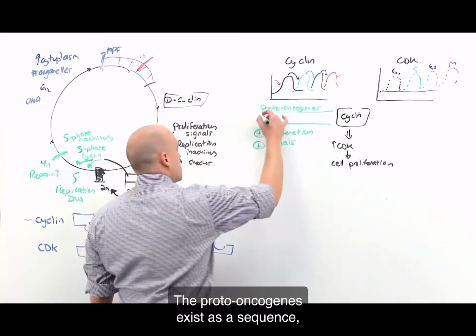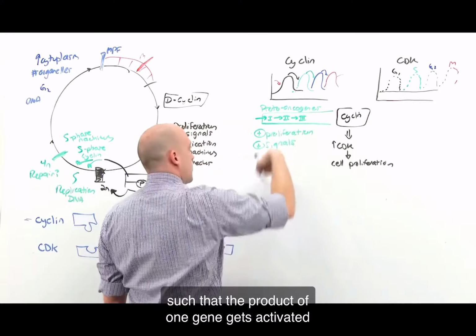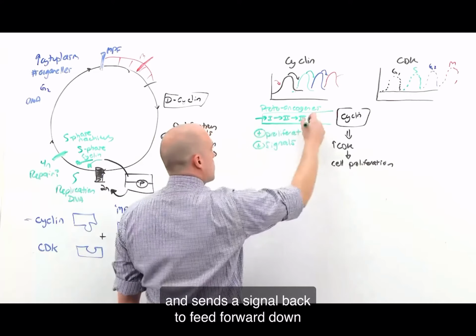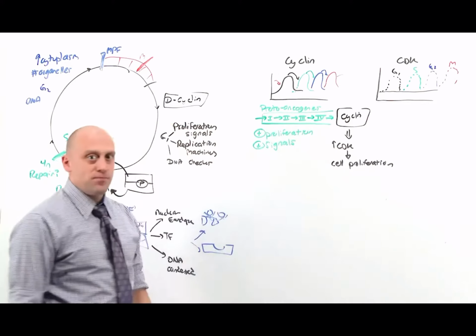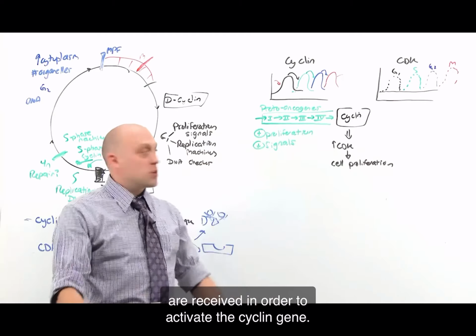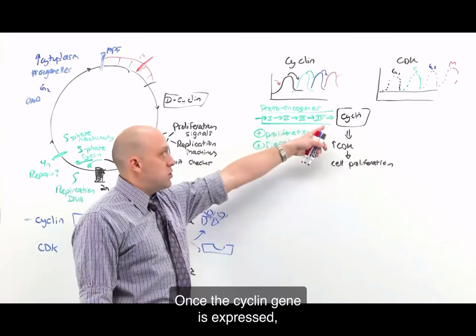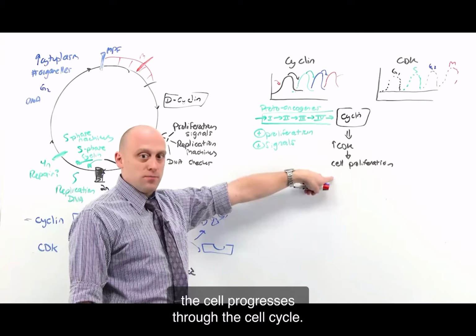The proto-oncogenes exist as a sequence, such that the product of one gene gets activated and sends a signal back to feed forward down the sequence of events that ultimately results in a transcription factor that activates the cyclin gene. This cascade ensures that multiple positive signals are received in order to activate the cyclin gene. Once the cyclin gene is expressed, the CDK activity goes up, the cell progresses through the cell cycle.